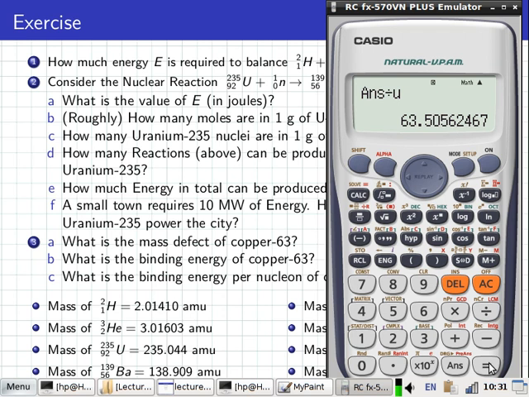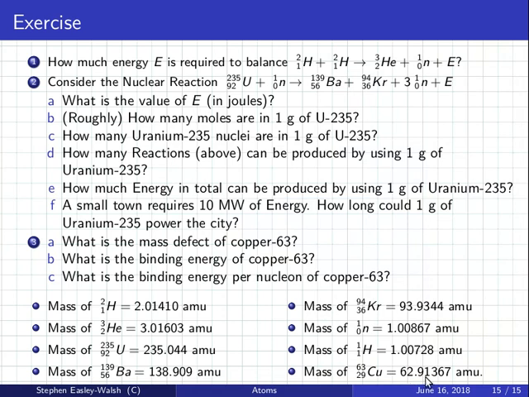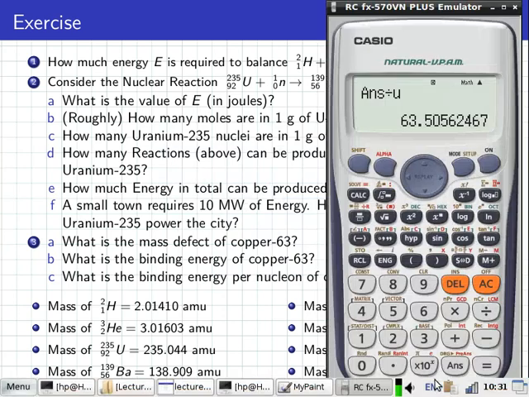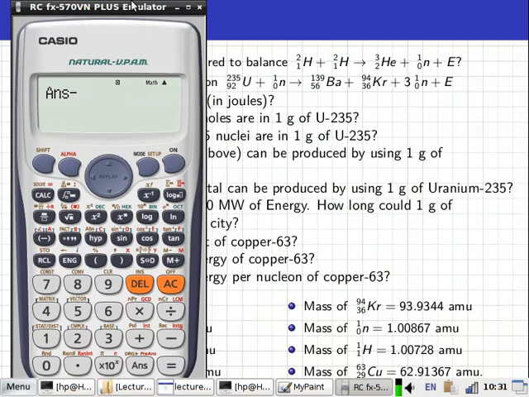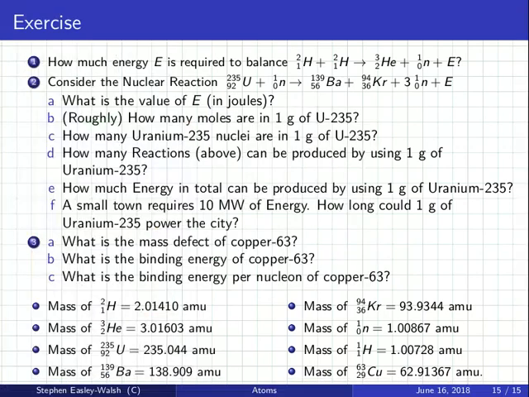Now, is it? Well, no, because it's 62.91367 AMU, not 63.5. So how much am I missing? I'm missing half an AMU. So that half an AMU is called the mass defect.